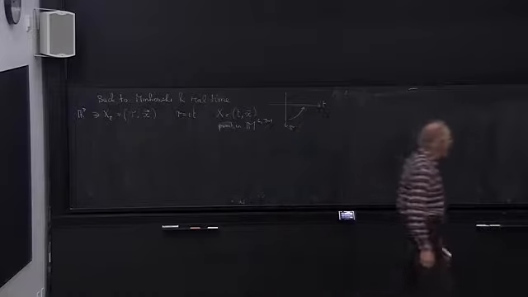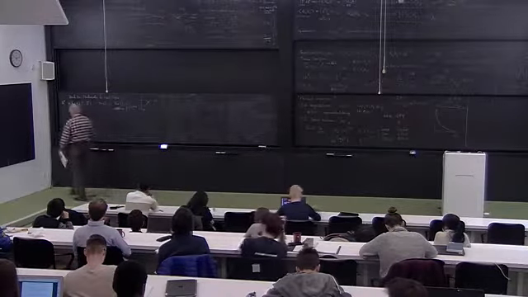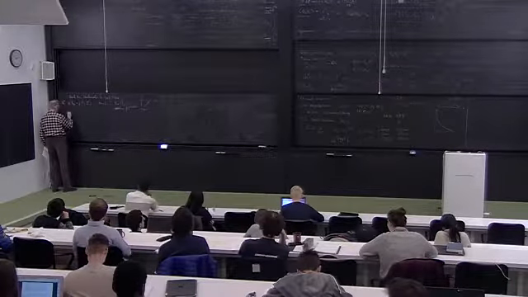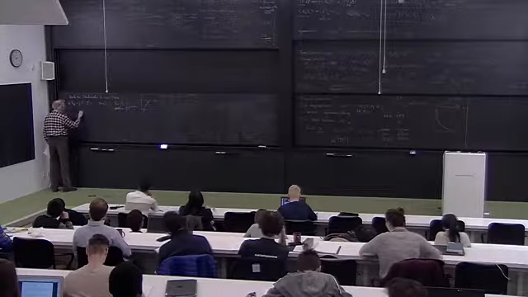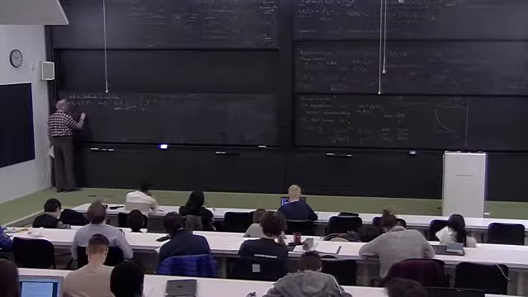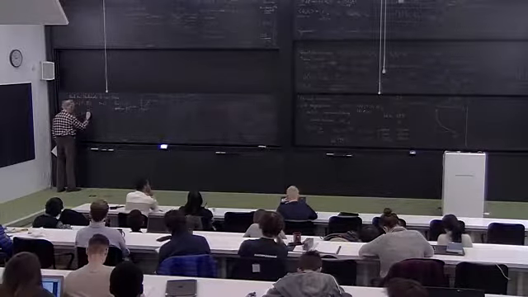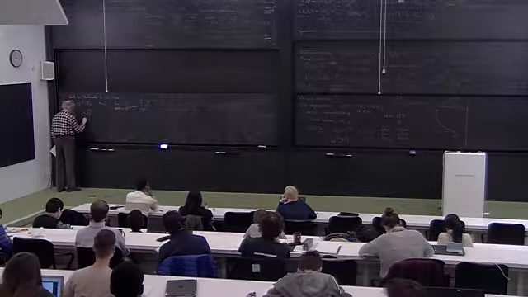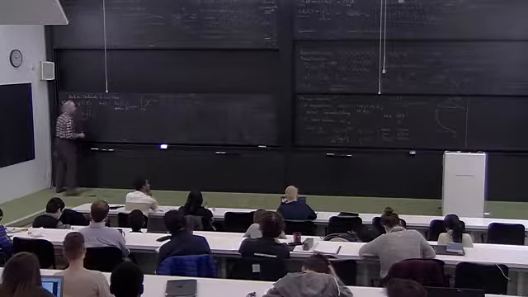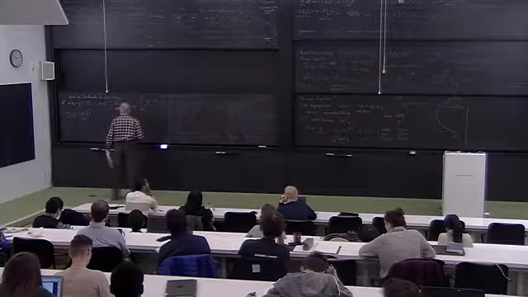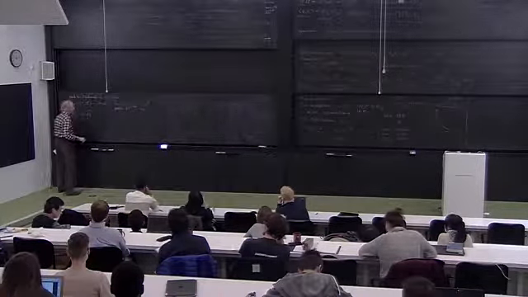Okay. So now let's go back to this function. We have seen that g of x is integral d^d k over (2 pi)^d times exponential of i k x. I'm sorry, no, I'm going to integrate over momenta.